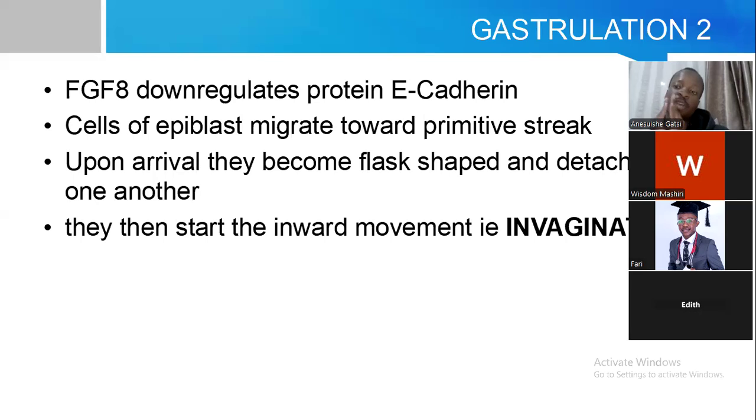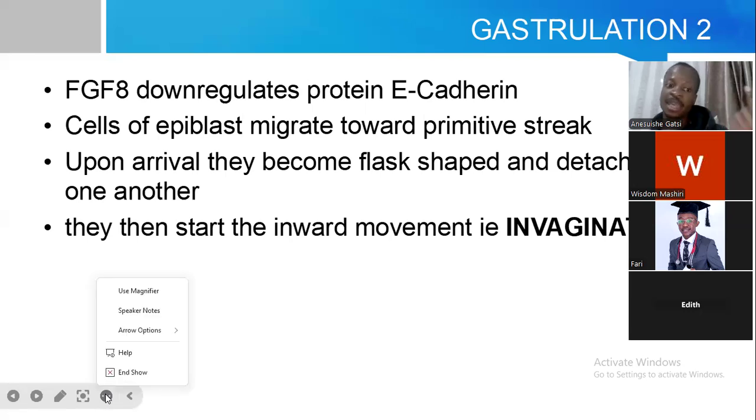Cells of the epiblast have E-cadherin holding them together like an epithelium. So when you want those cells to start detaching, to invaginate through the primitive streak, you need to downregulate your E-cadherin, and for that you need fibroblast growth factor 8, right?